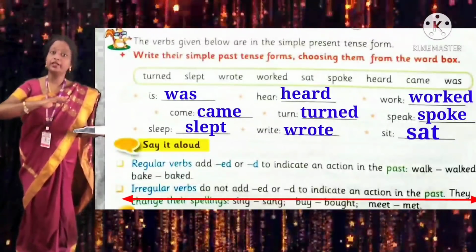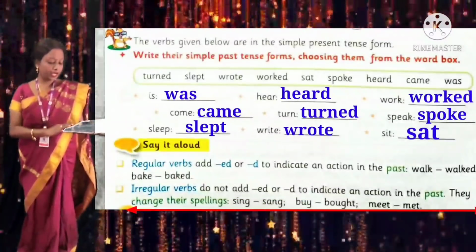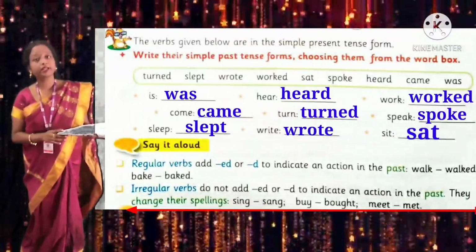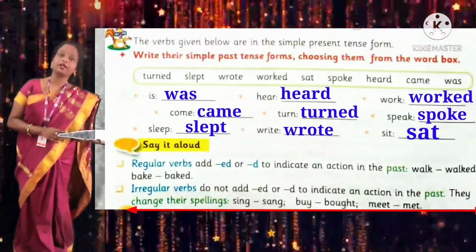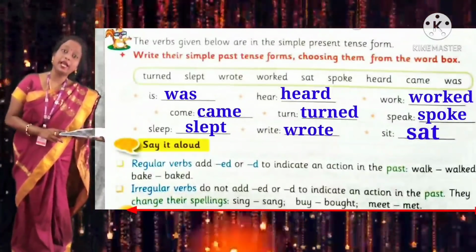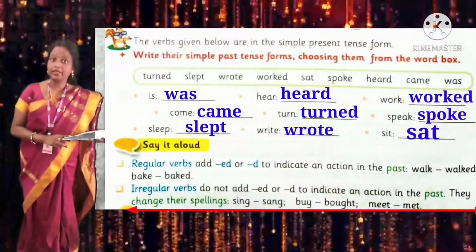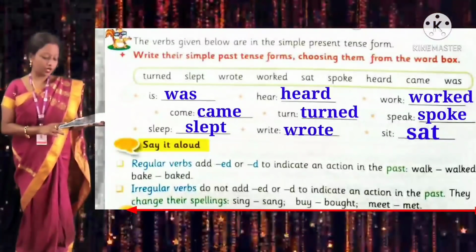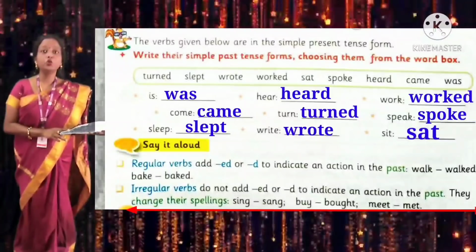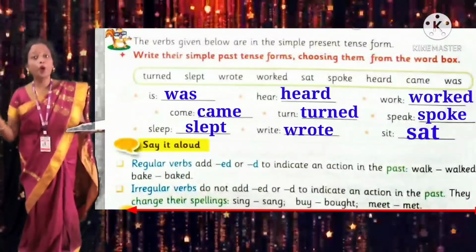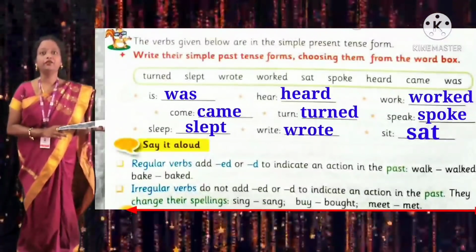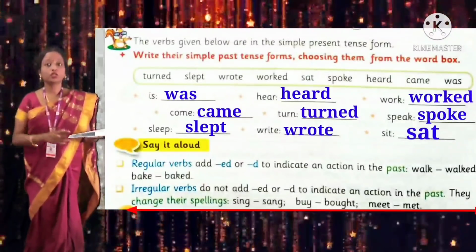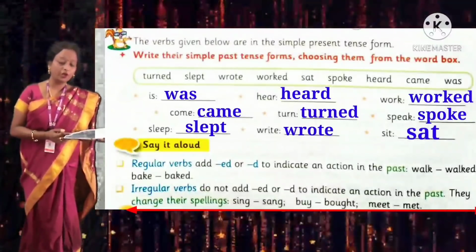Sing will not become singed. It will become sang. So we didn't add d or ed here, so it is our irregular verb. Buy. B-U-Y. Buy, bought. We will not say buyed. We will say bought. So this is our irregular verb.